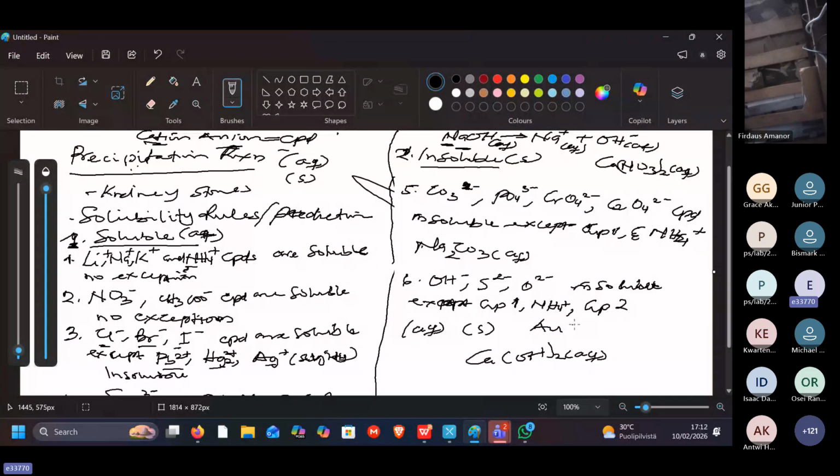So that's how we get that. If I have zinc sulfide, it is going to be solid, because the sulfide is generally insoluble. The only exception is when it meets with group 1, ammonium, or the group 2 metals.